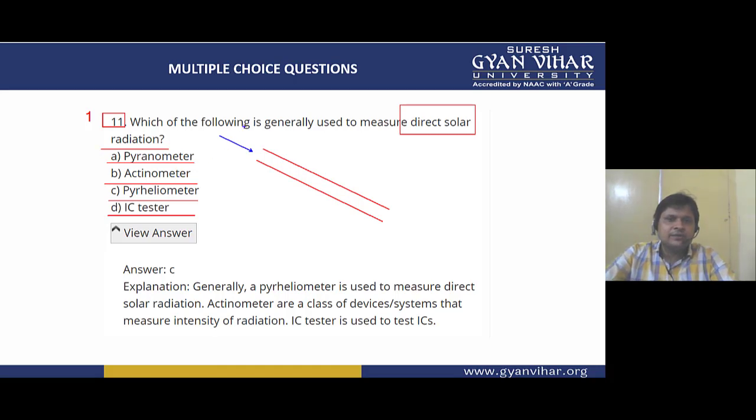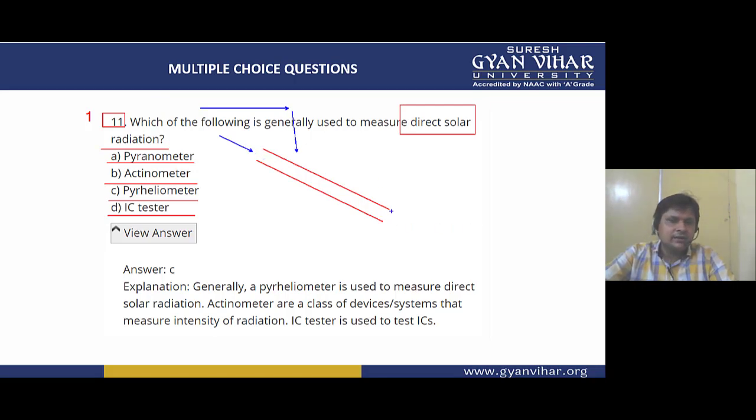Those radiations which come after striking particles in the atmosphere, whether gaseous particles or dust particles, and strike the earth's surface indirectly, are known as diffuse radiations, and they are not captured by the pyrheliometer. The pyrheliometer only captures the direct radiation.